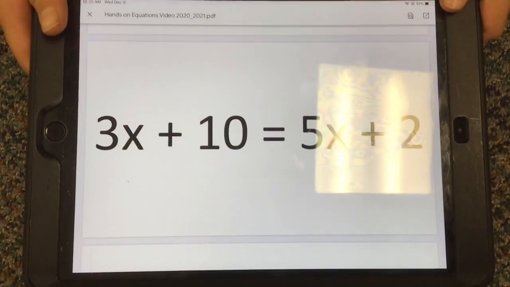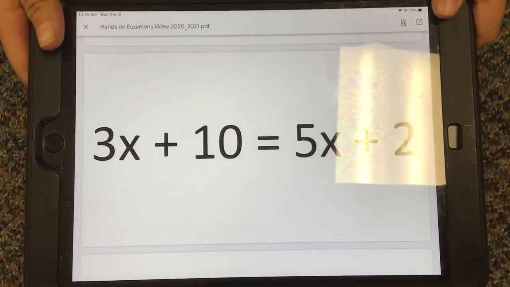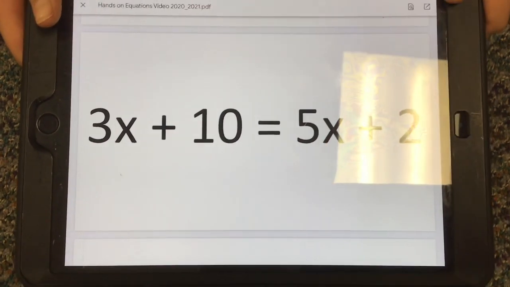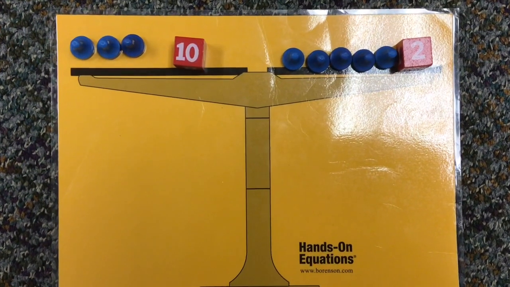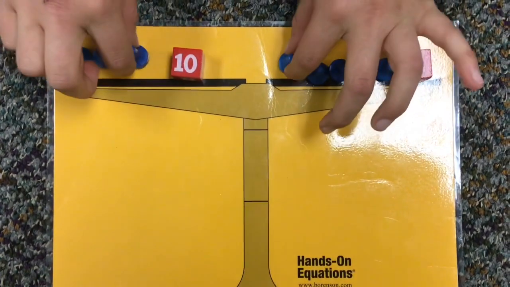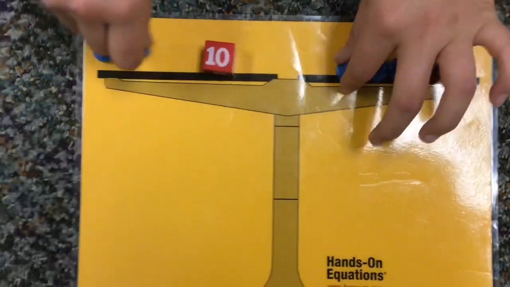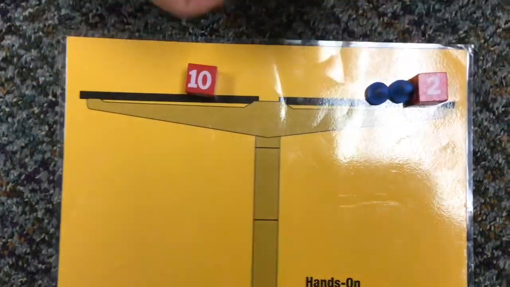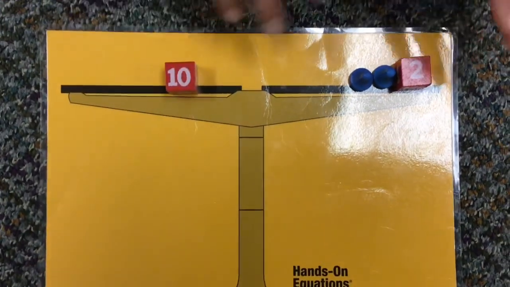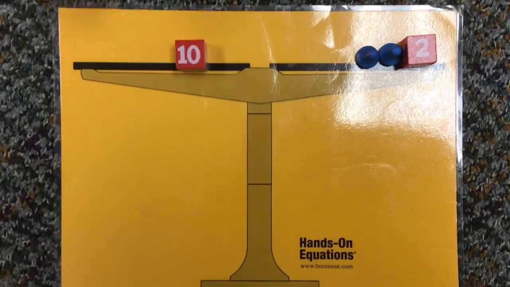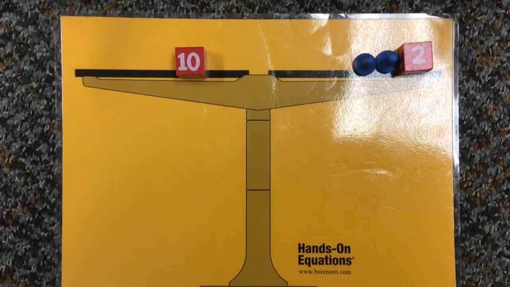My first problem is 3x plus 10 equals 5x plus 2. So first we take away three pawns from each side. So we take away, using 2 hands, 3 pawns each. Which leaves us with 10 equals 2x plus 2.